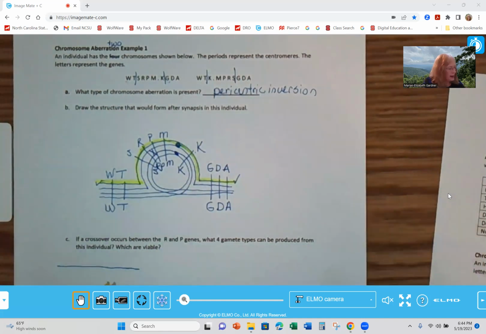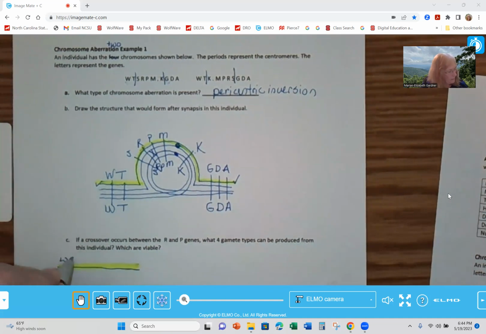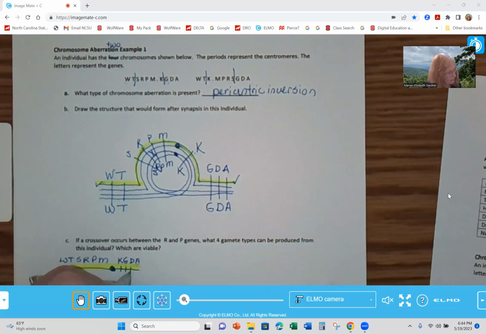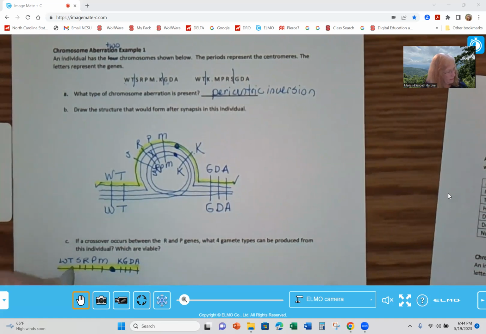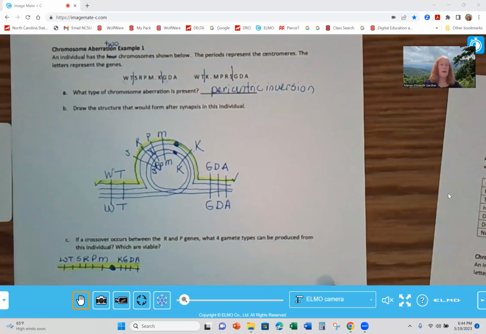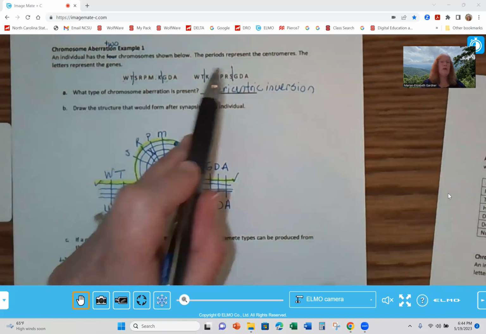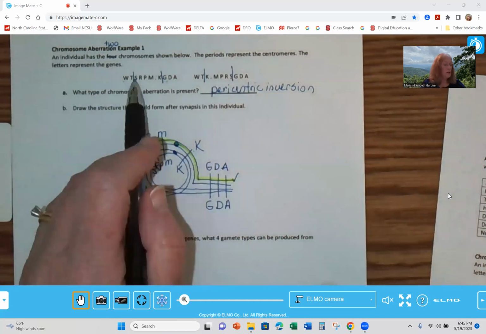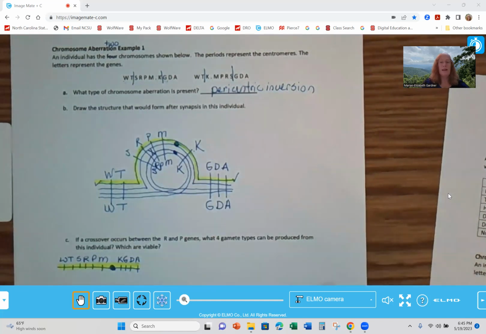And I'll write that on my thing right here. So now I have my chromosome. This is viable. This is one of these 2 that we started with. And if you have this chromosome in the gamete or that chromosome in the gamete, you have exactly 1 copy of every gene and it is viable.